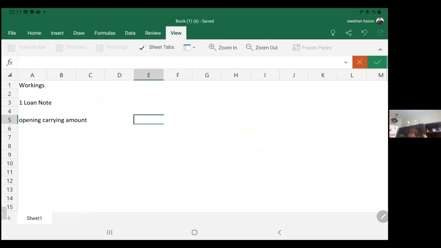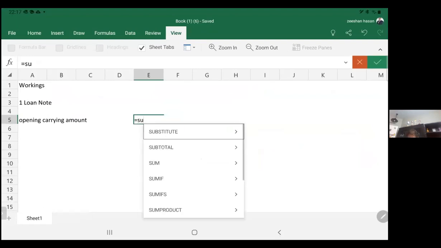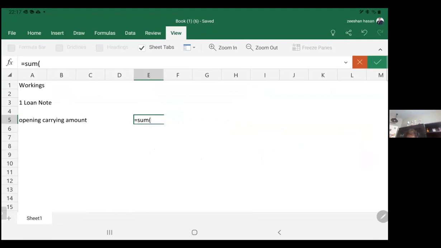What will be our opening value? The opening amount will be 5 million, less the costs, 4,875,000. Okay.